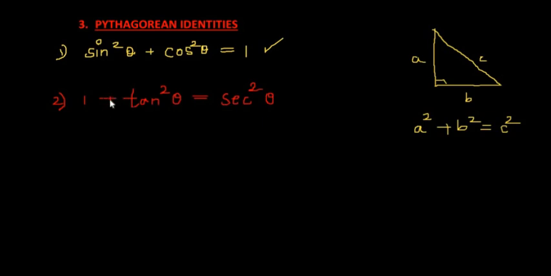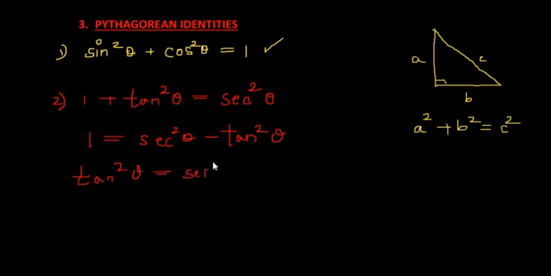Again, this main identity can be rearranged as 1 equals sec square theta minus tan square theta by taking the tan square theta on this side, or we can also write it as tan square theta is equal to sec square theta minus 1. So these two are the rearrangements and this is the main identity.